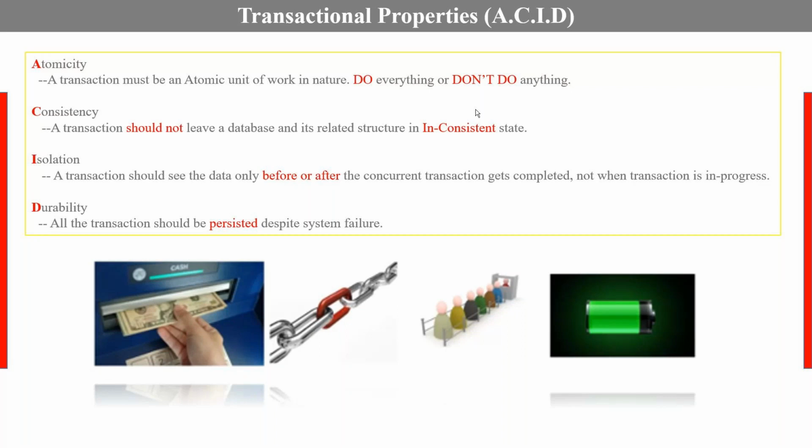Now, sir, every transaction you are performing in any database management system, either Oracle, SQL Server or PostgreSQL, needs to satisfy ACID properties. What are the ACID properties, sir? Atomicity.